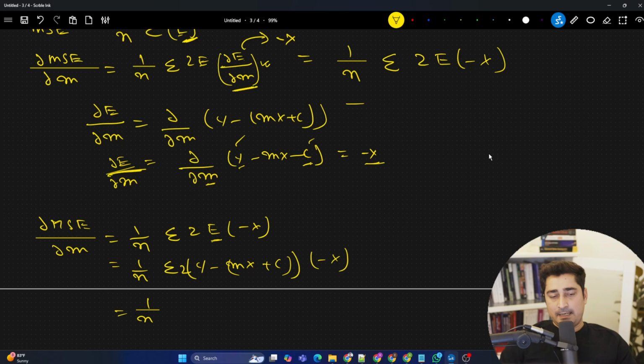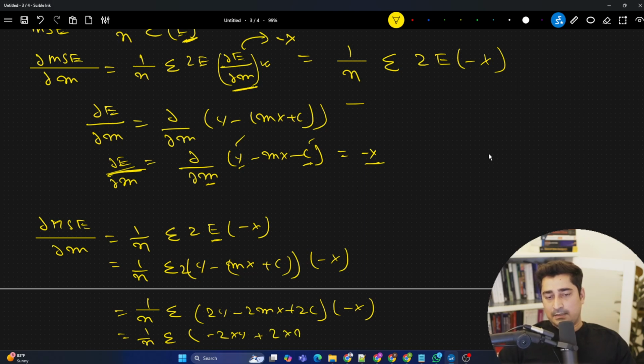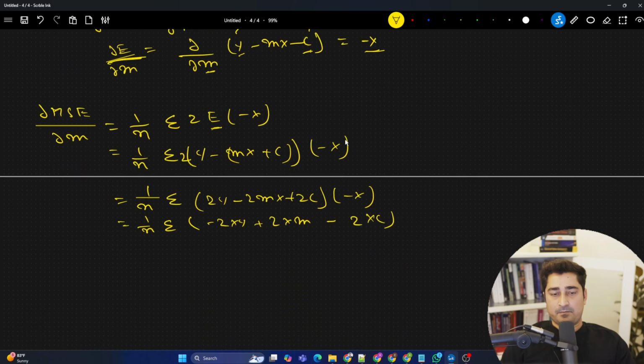So 1 by n summation of 2 into e, so 2y minus 2mx plus 2c into minus of x. Now if I rewrite this one, here minus 2xy plus 2x m minus 2xc. Okay, fine.